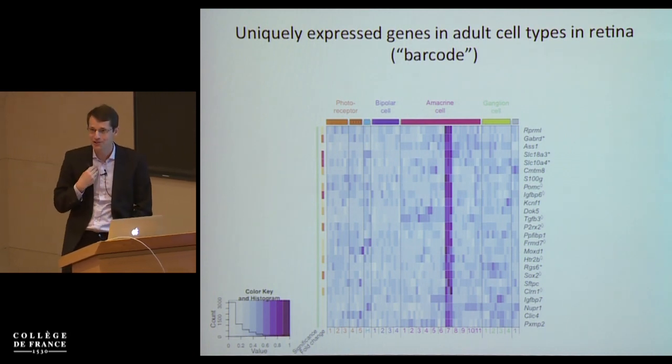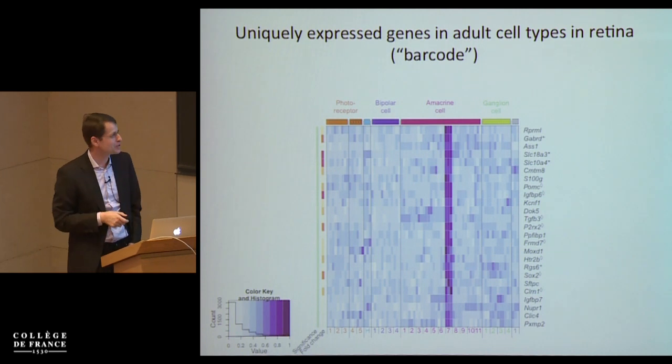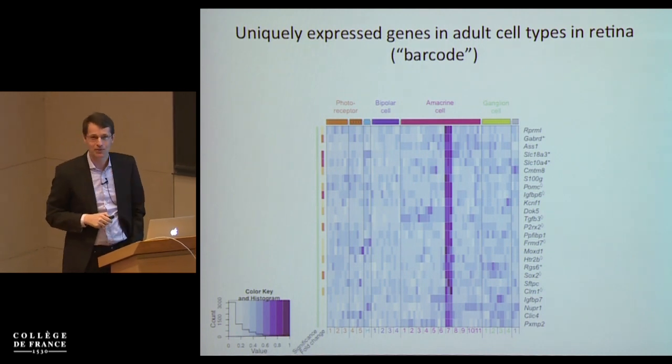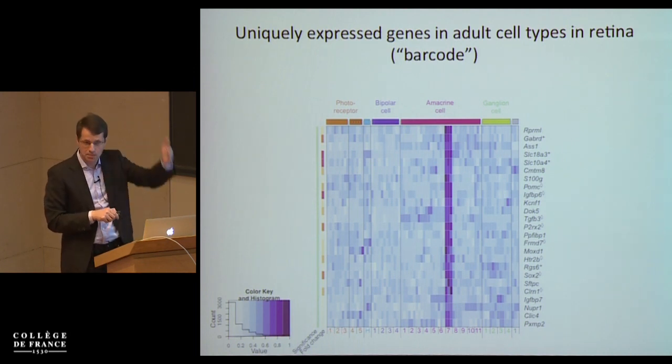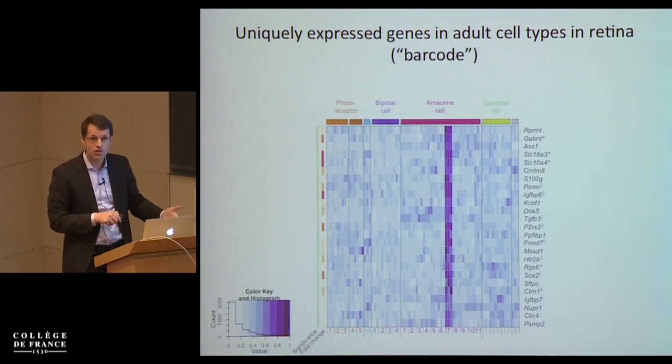My favorite brain area is the retina, and so we work there. There are a lot of collaborators in Paris. We have created an atlas of cell type transcriptomes. These numbers refer to different cell types in different classes. And what I show here is that for every single cell type, you get an expression of, let's say, 20,000 genes.